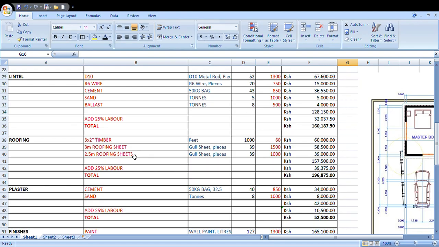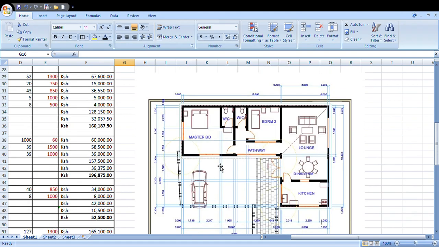Then we come to the roofing sheets. We'll have 3 meter roofing sheets and 2.5 meter roofing sheets. Why 3 and 2.5? Remember, the distance from here to here is 5 meters, so 5 meters plus 0.5 meter extension, because you cannot leave a roof exact from the front.